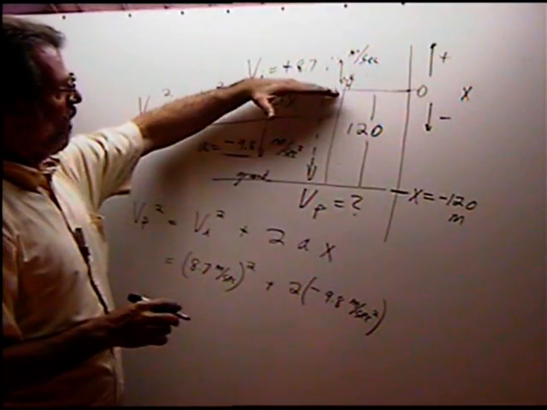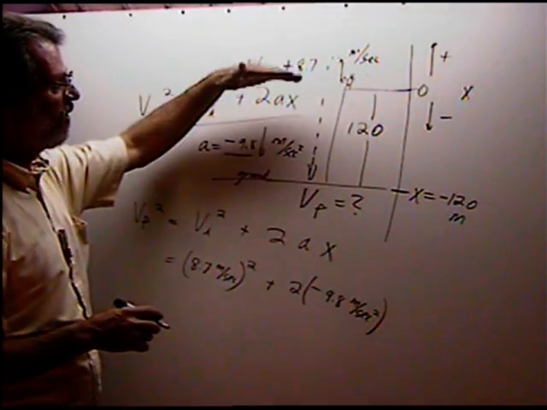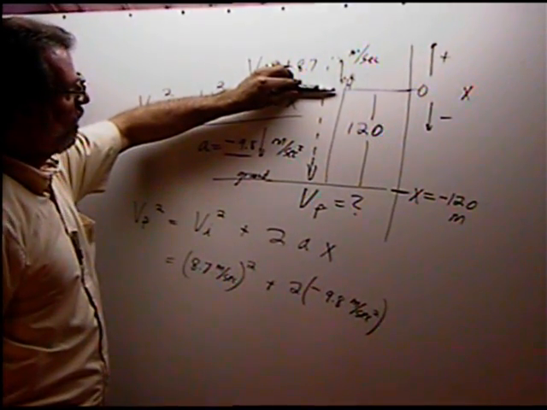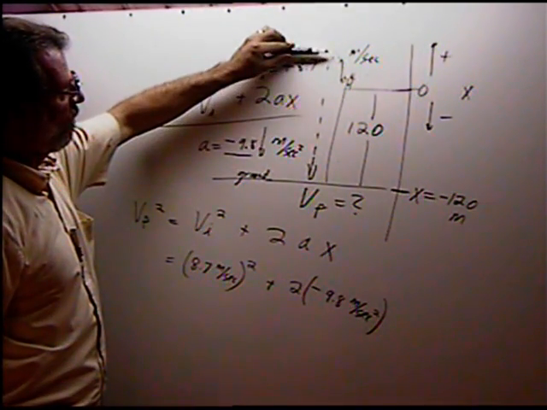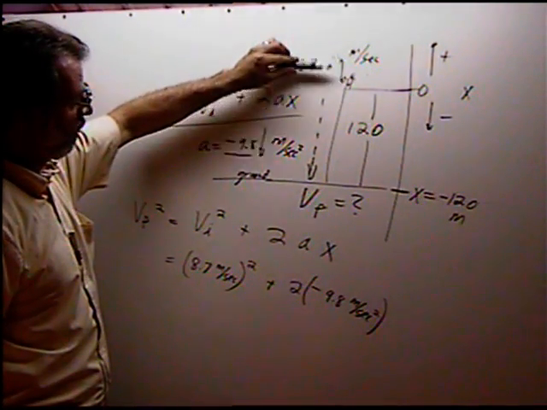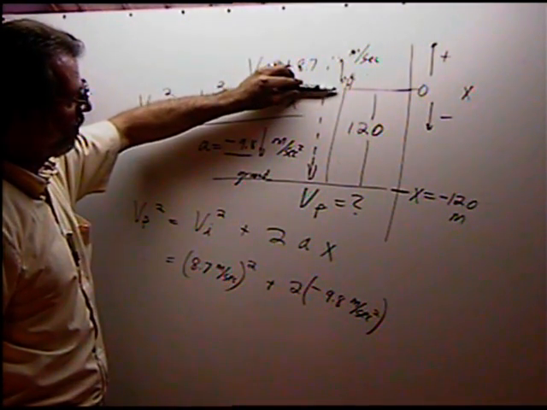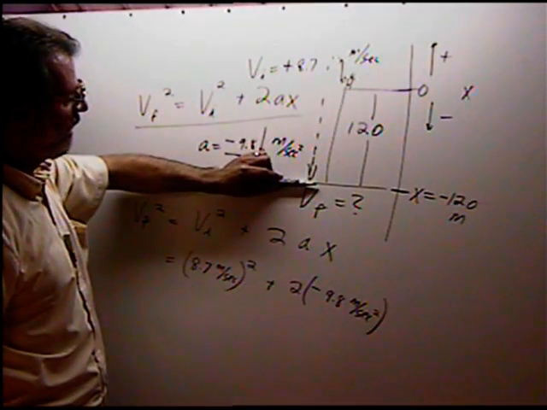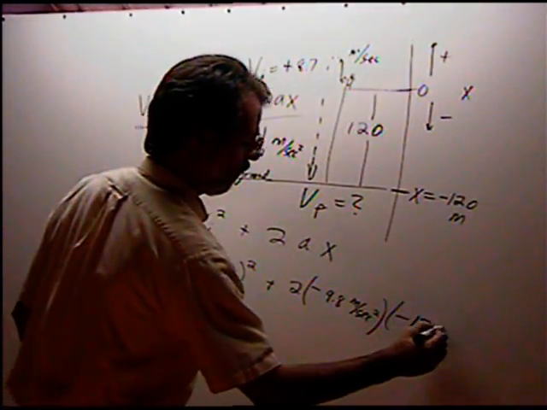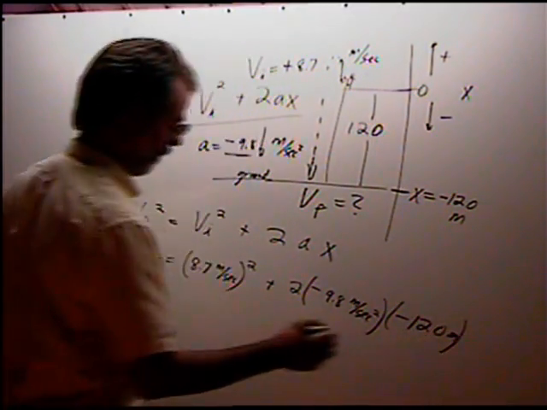Notice, here's one of the keys to this problem. The 0 point is here. If we said we want to solve in a plus x, that would mean we want to solve for where the velocity is up here. But now we want to solve for where the velocity is at minus 120. So it's minus 120 meters.